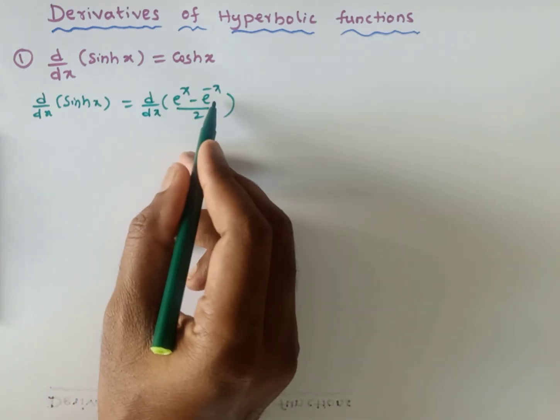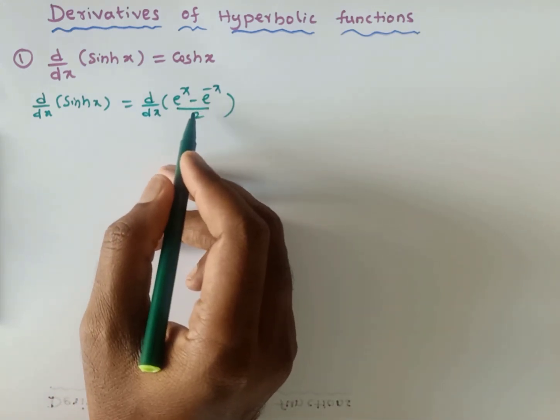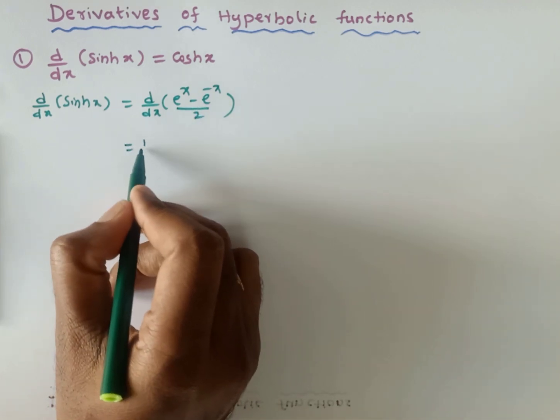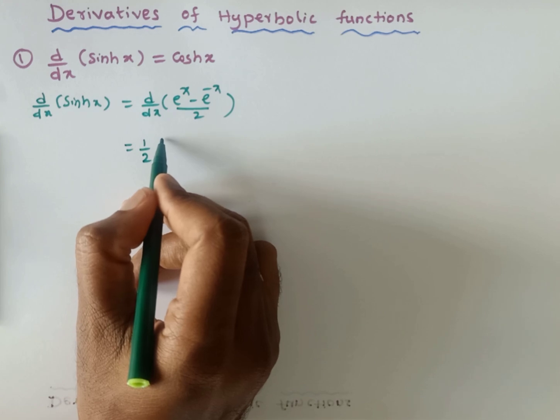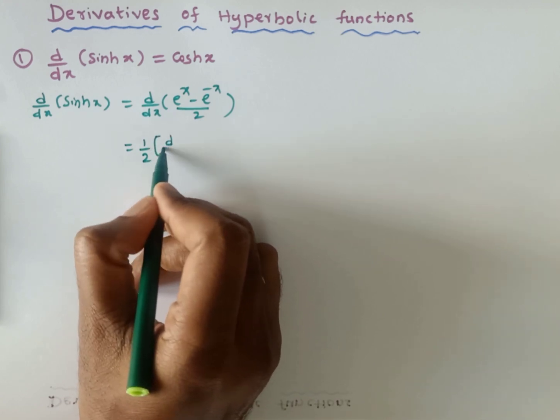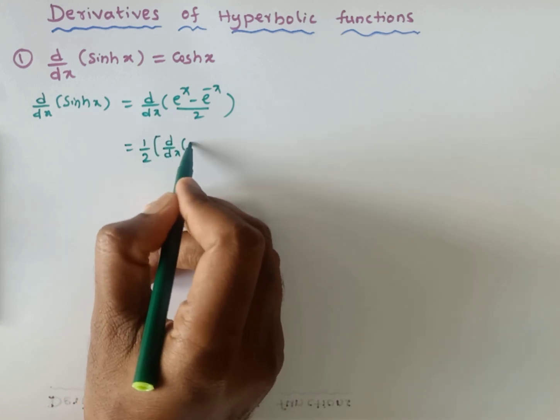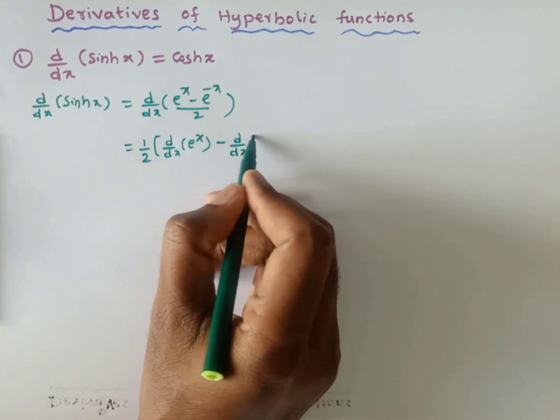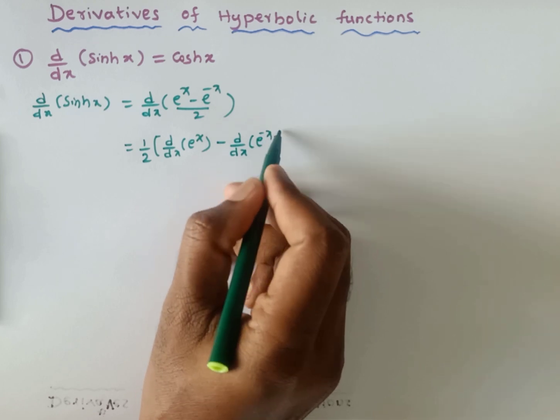It involves e power x and e power minus x, and already we know the derivatives of e power x and e power minus x. Here 1 by 2 is a constant, so it is the derivative of e power x minus the derivative of e power minus x, right?